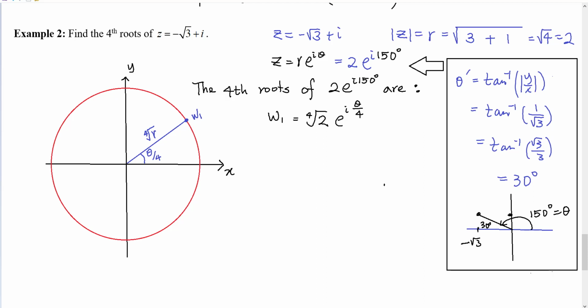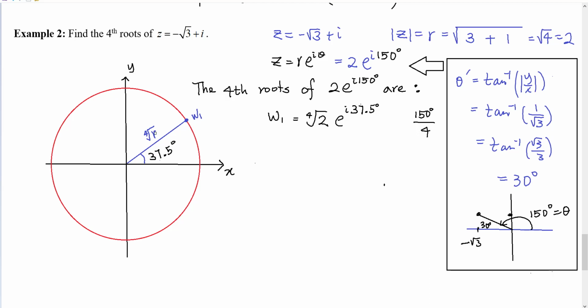If you divide 150 by 4, it's 37.5 degrees. That's theta divided by 4, and that's the first root. So this angle right here will be 37.5 degrees, which is 150 degrees divided by 4.